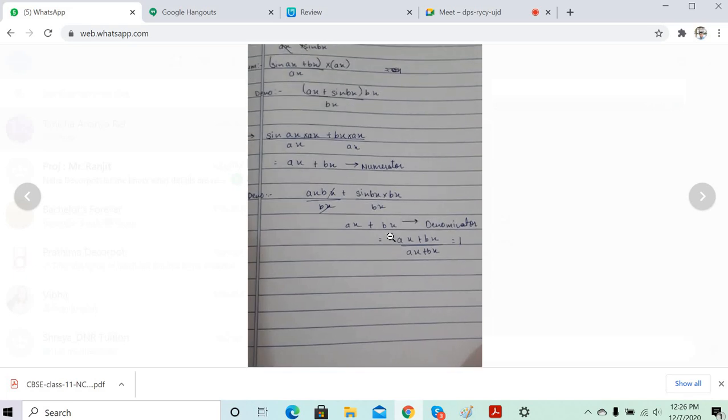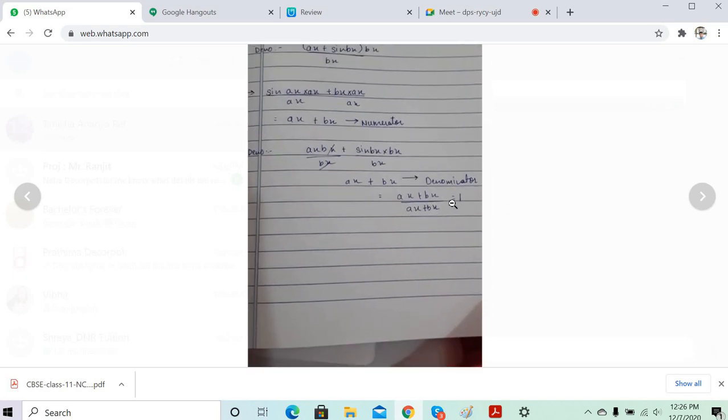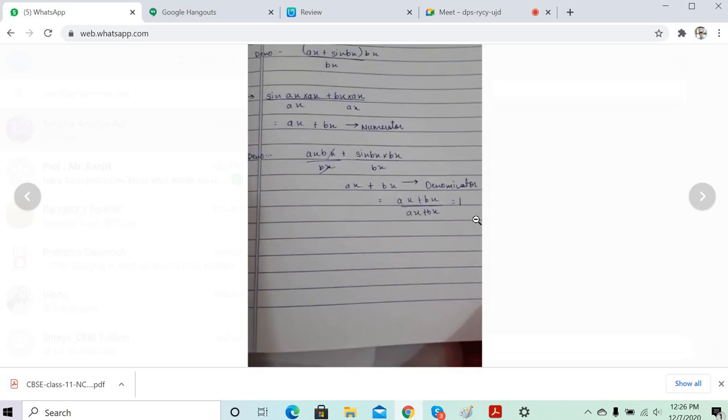When you apply the limit now, x tends to 0, answer is 1 only, right?